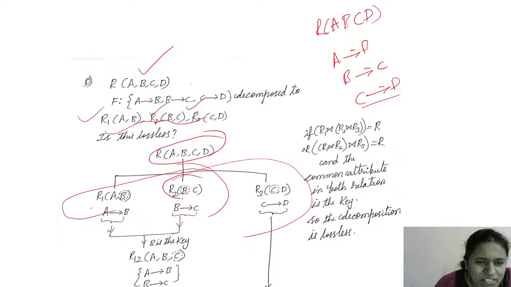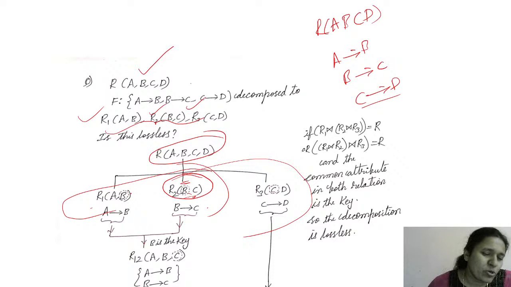B is the key of this relation. We can easily observe, right? B to C we can determine. From B we can determine C. That's why B is the key of the relation R2. Then we can combine R1 and R2. We already saw, right?